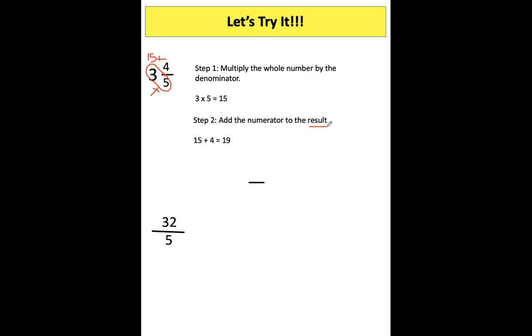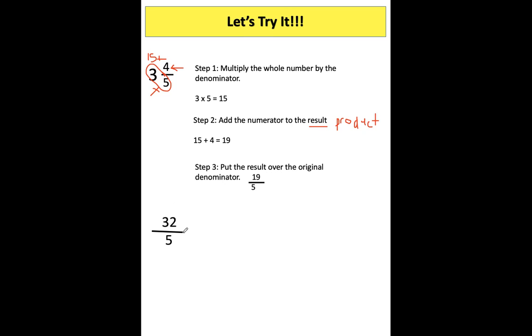I said result, but really it's product. So 15 plus 4 gives me 19. Take that 19, which is your total, and put it back over your original denominator. So now I've made an improper fraction of 19 fifths.